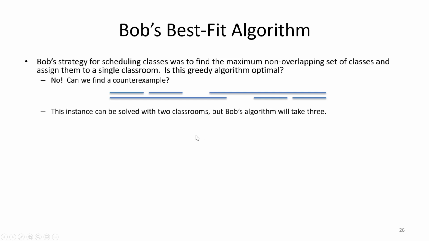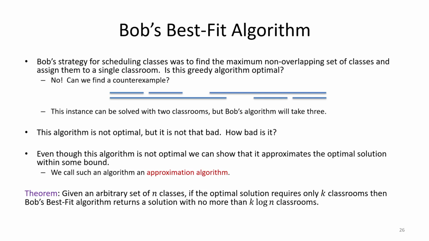So why focus in on Bob's algorithm? We have a correct algorithm for the subroutine, the maximal non-overlapping set, and we might need to solve that for other purposes. But what about Bob's algorithm for scheduling classes? Well, actually, his algorithm is not optimal, but it's not that bad.